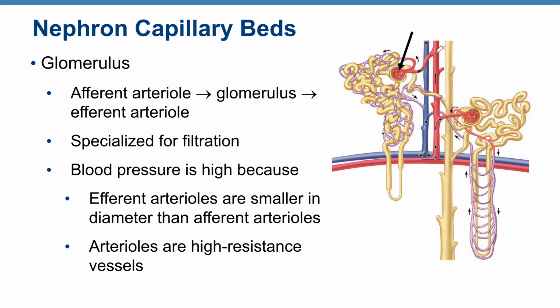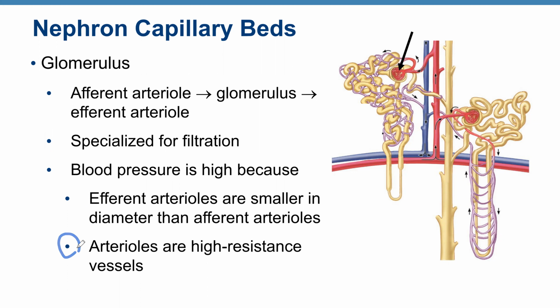The afferent arteriole enters the capsule, splits into smaller blood vessels, the capillaries or glomerulus, and then the capillaries unite again into the efferent arteriole. All right, the glomerulus is specialized for filtration. Blood pressure is high in the glomerulus because efferent arterioles are smaller in diameter than afferent arterioles.